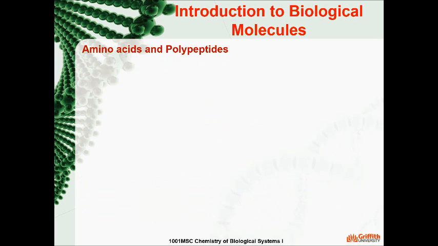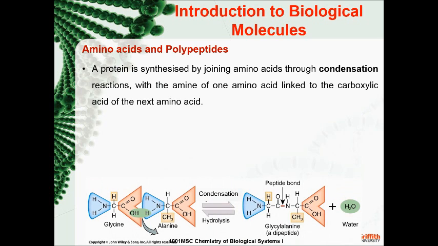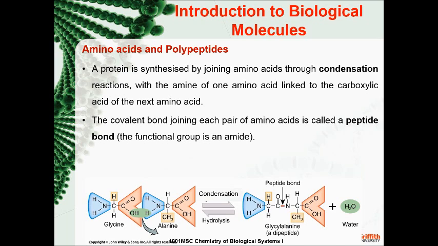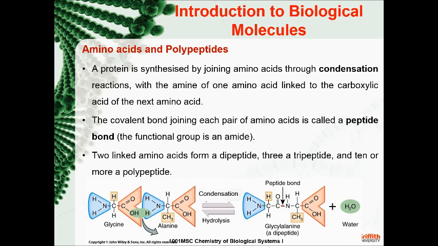A protein is synthesized by joining amino acids through condensation reactions, with the amine of one amino acid linked to the carboxylic acid of the next amino acid. The amino acids are linked together through a peptide bond. 2 amino acids linked together form a dipeptide. 3 amino acids linked together form a tripeptide. 10 or more form a polypeptide.